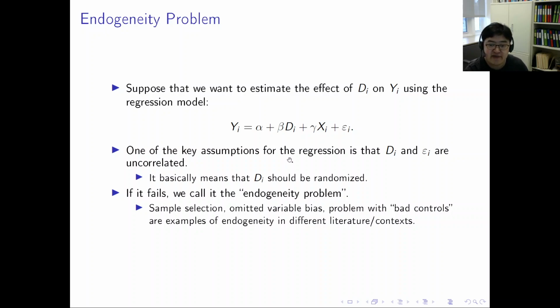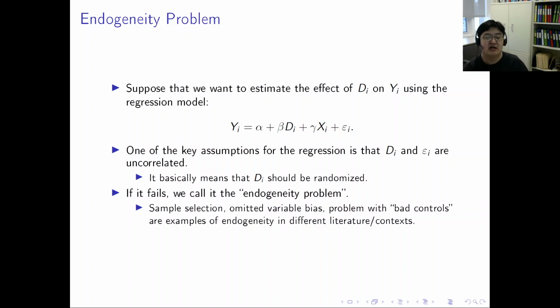If this fails, and its failure is pretty common in economics, we call this problem the endogeneity problem. Endogeneity. We call D endogenous. You can think of an endogenous variable as opposed to a randomized variable.